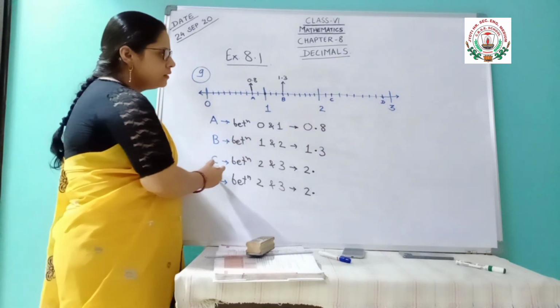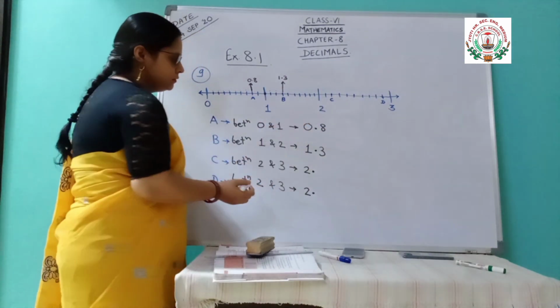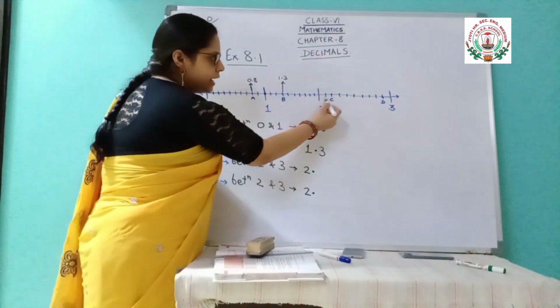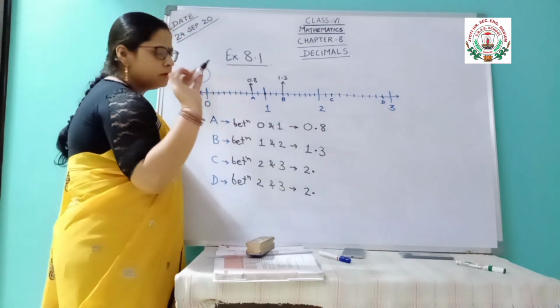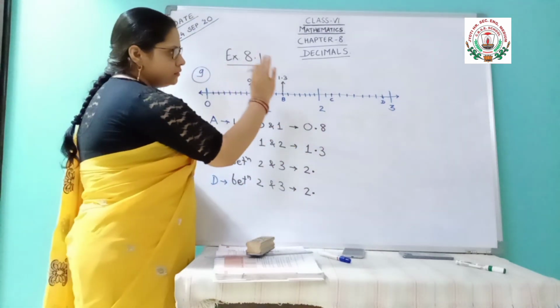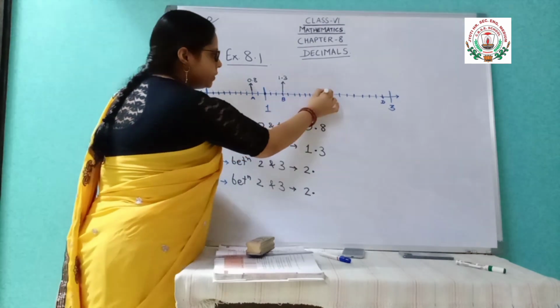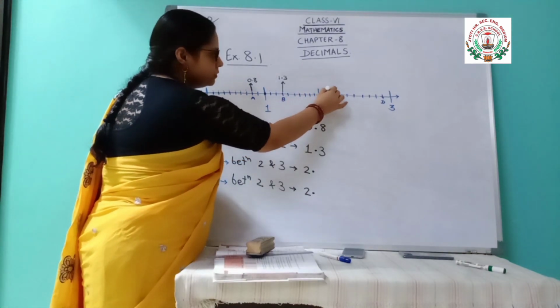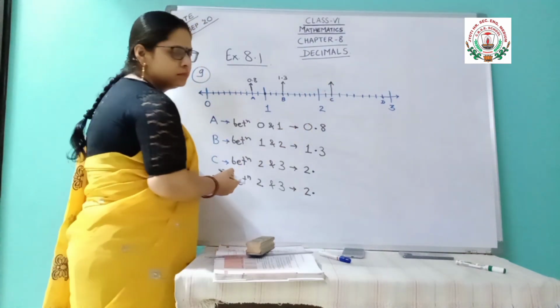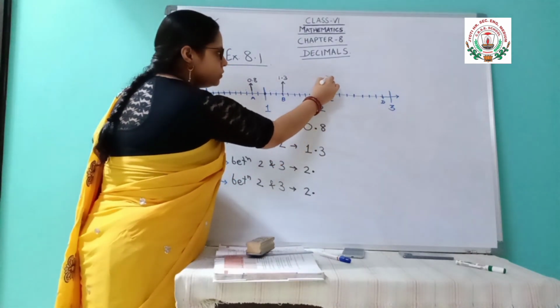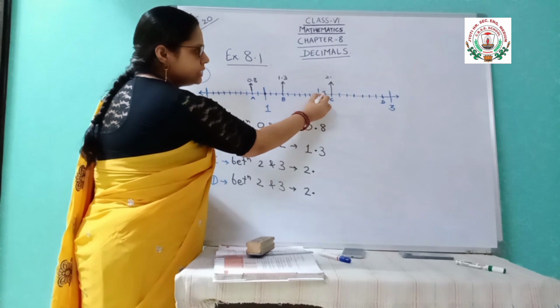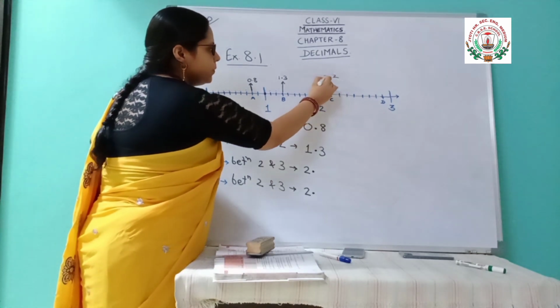Now coming to point C. C and D both lie between 2 and 3. Start counting. This is 1 and this is 2. This is the second point. So 2 point, after 2, and first and second: 2.2.